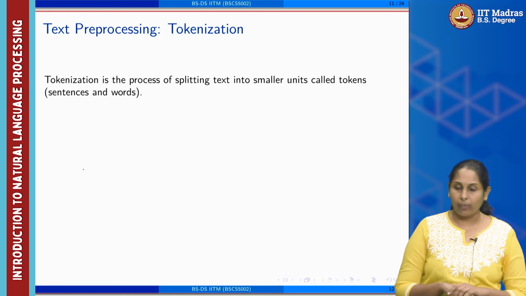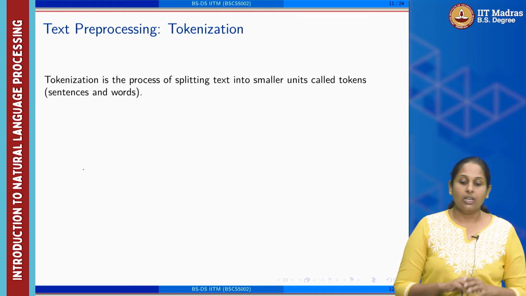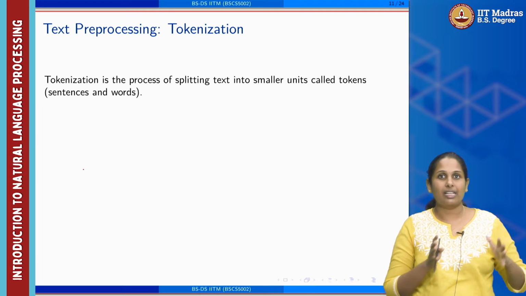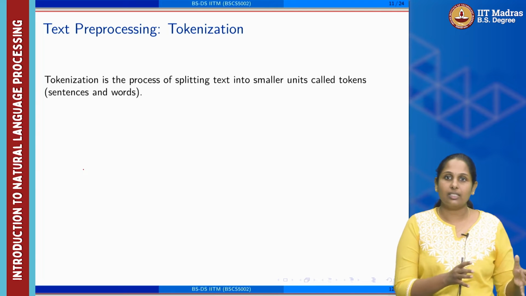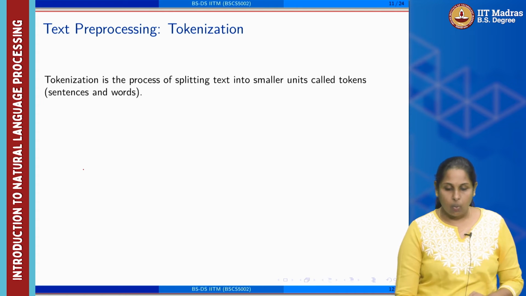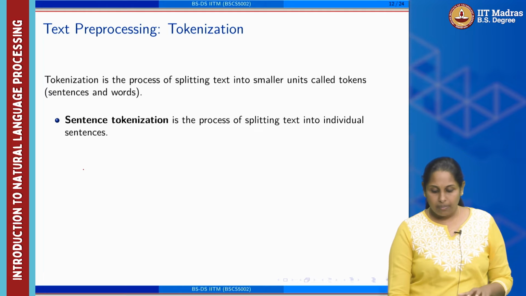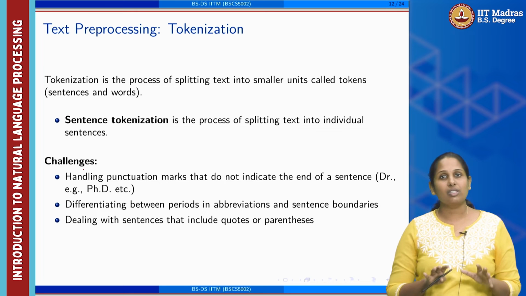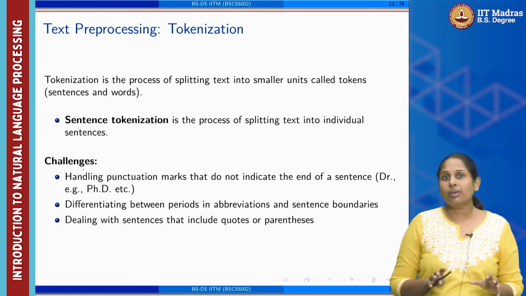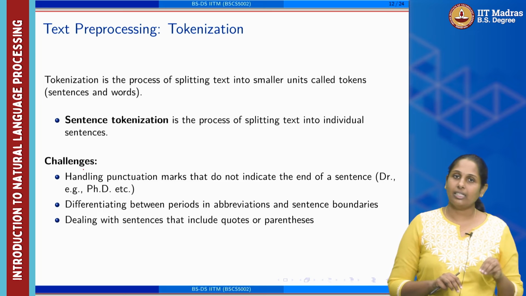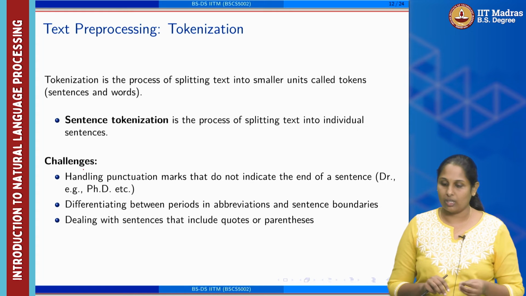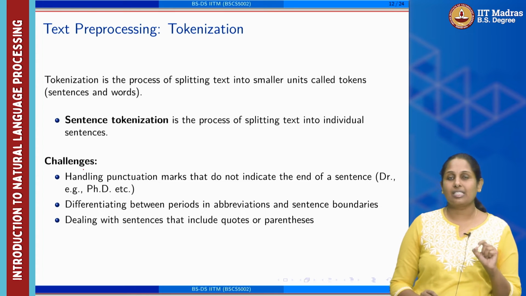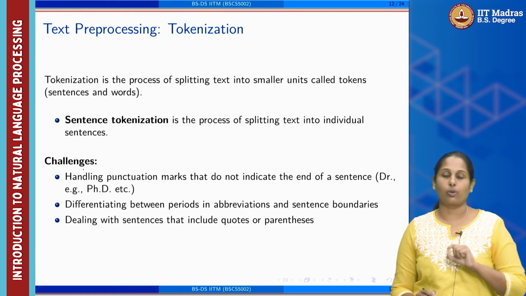Now, let us see these steps one by one. Tokenization is splitting the clean text that we got into sentences and into words. Why is it important? Because in text we have sentence boundaries, and these are expressed through punctuation. The period does not only represent a sentence boundary.